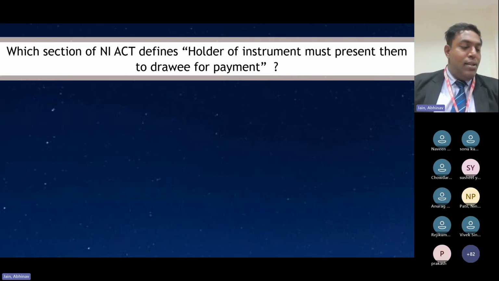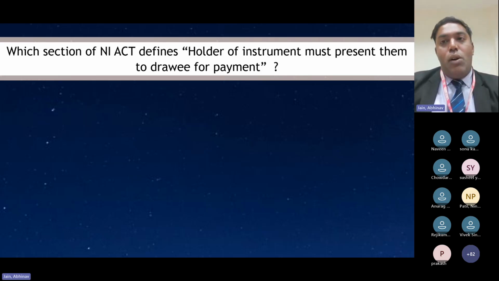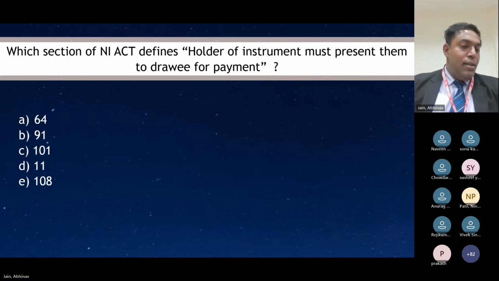Next question. Which section of NI Act talks about the holder of the instrument having to present it to the drawee for payment? It is compulsory for the holder of the instrument to present it to the drawee for payment. It is defined under which section?